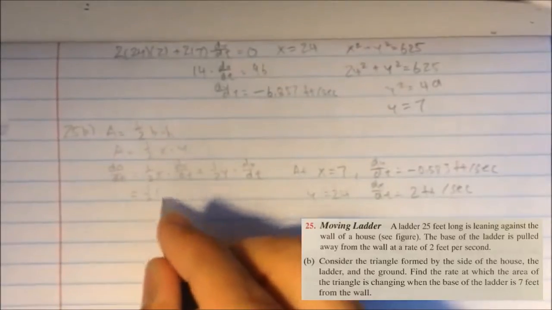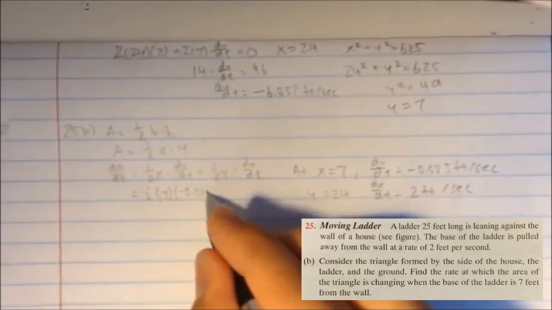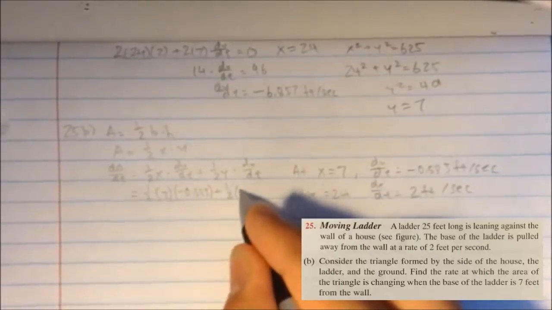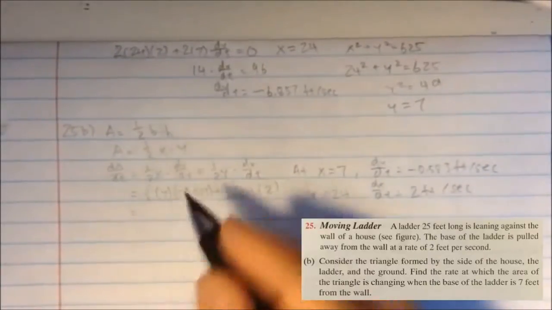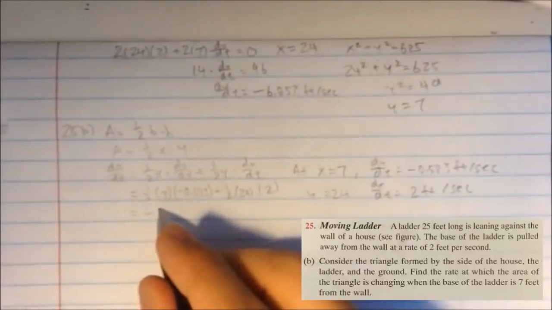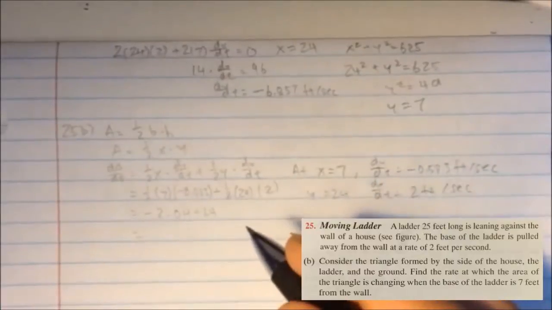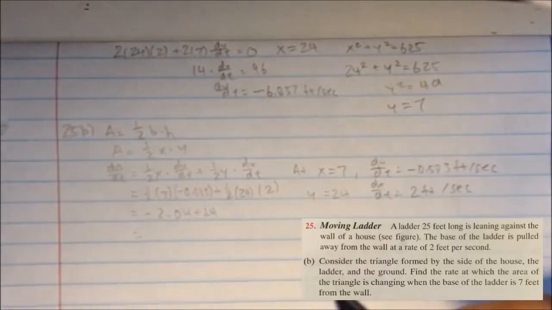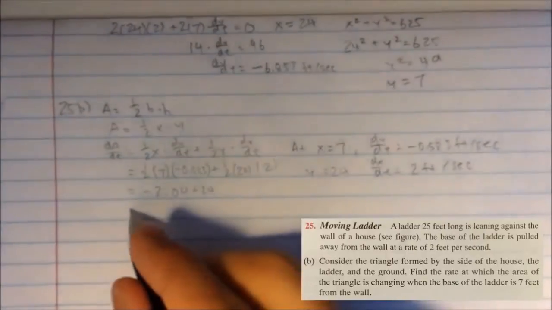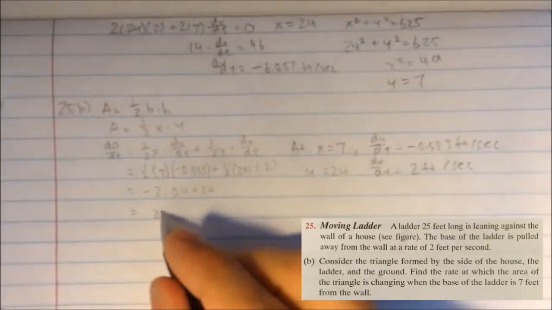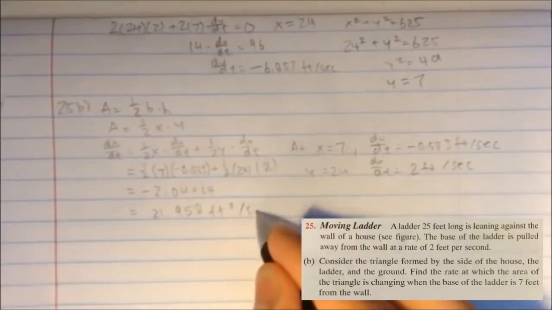So it'll be 1/2 times 7 times negative 0.583 plus 1/2 times 24 times 2. Using your calculator and solving this, we will get that the rate at which the area of the triangle formed between the wall and the ladder is changing is 21.958 feet squared per second.